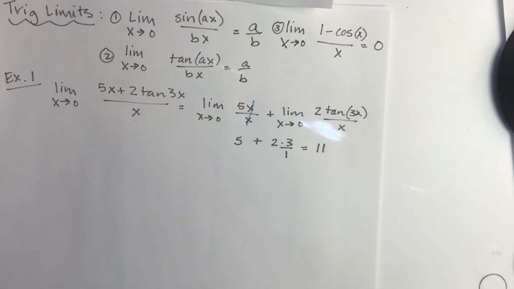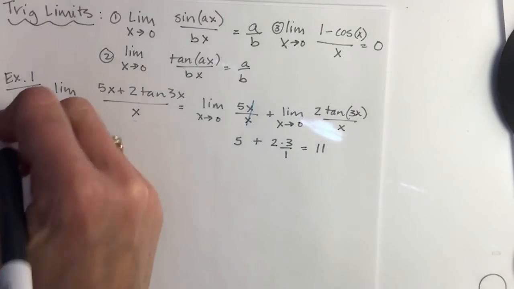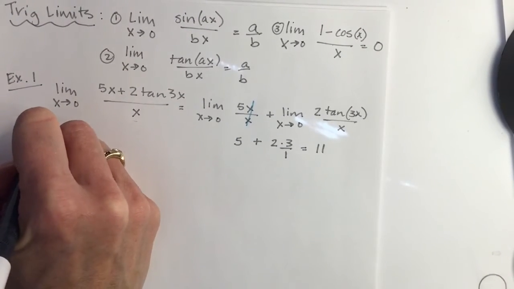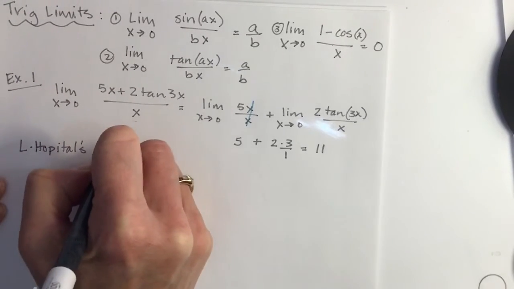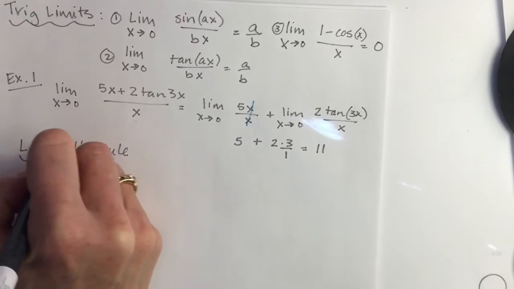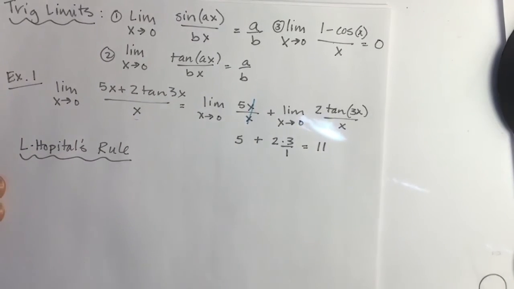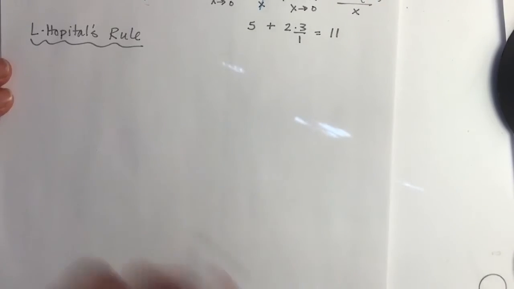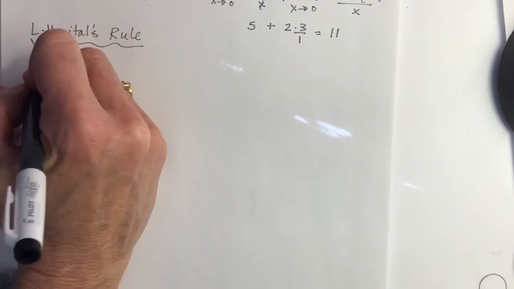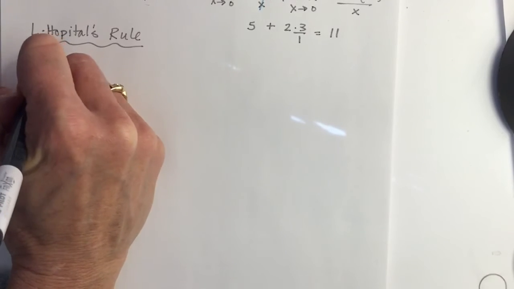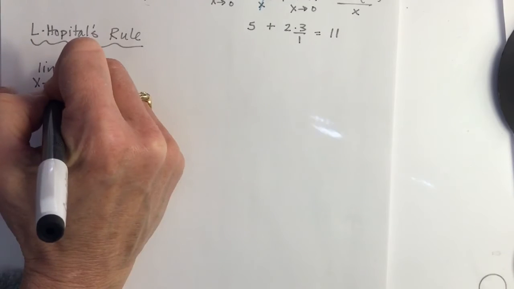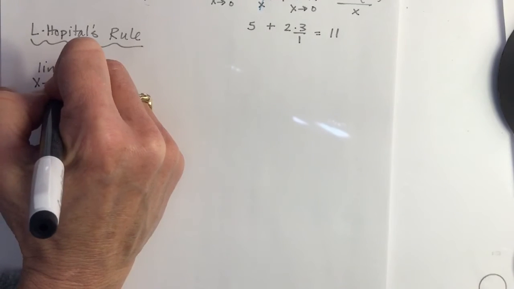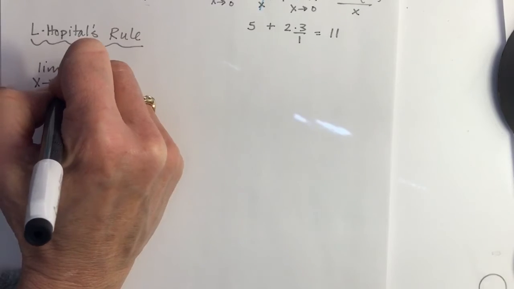All righty. The last thing to remember is L'Hopital's rule. With limits, L'Hopital's rule comes in handy anytime you have, let's say, the limit, let's say we're going to infinity here.